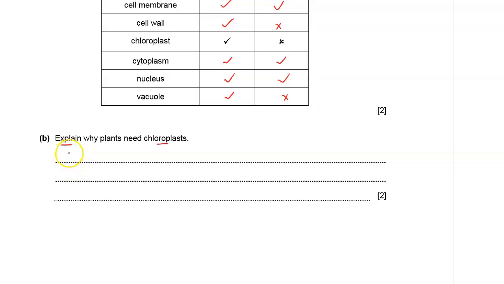So chloroplasts are to absorb light. Of course, light is a form of energy. Light energy is needed for photosynthesis. Photosynthesis is the process by which plants make food.